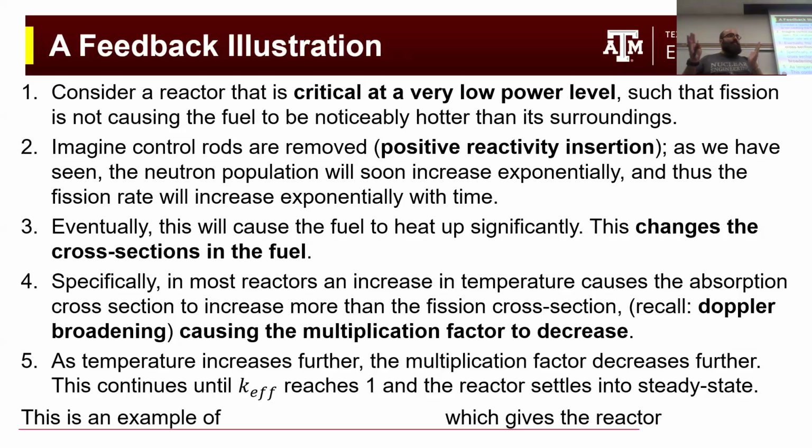With increased resonance absorption, instead of neutrons being able to cause new fissions, they get parasitically captured in certain materials. So instead of the chain reaction running away and continuing to increase exponentially forever, the increase in temperature and in my absorption ends up dropping the multiplication of my system.